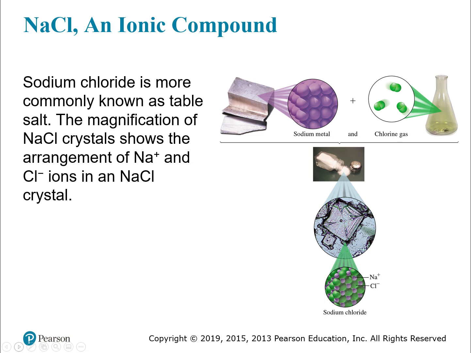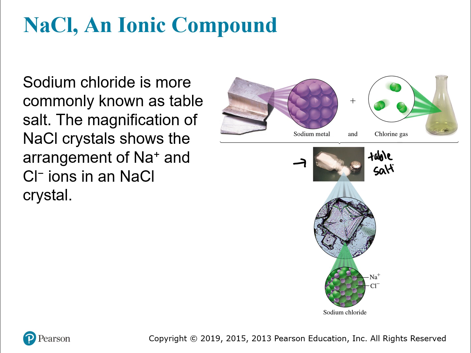And sodium chloride, NaCl, is a great example of an ionic compound because it's something that you already know. You're going to combine sodium metal and chlorine gas, and you make table salt. Hopefully it's not spilled all over the table like it is in this picture.